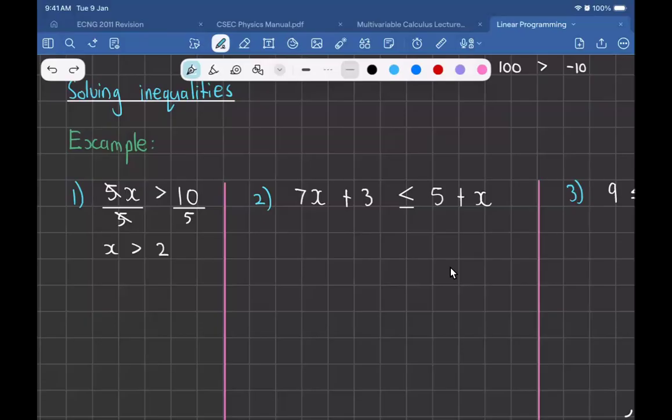So tell me, Sahara, what terms should be on the left-hand side? The constants or the variables? Constants are numbers and variables are x and y, in case I confuse you. So tell me, what should be on the left-hand side?